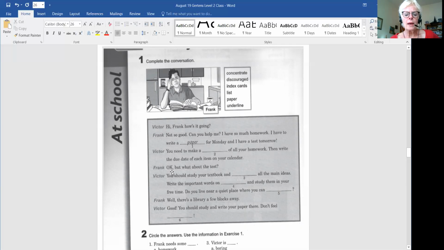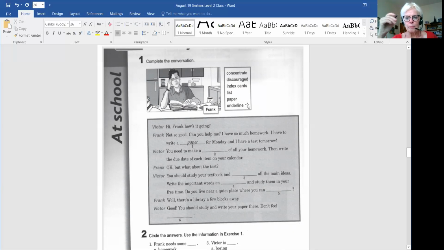Frank says, "Okay, but what about the test?" Victor says, "You should study your textbook and blank all the main ideas." And we talked about tonight, we would underline.